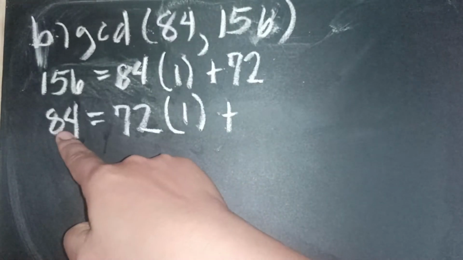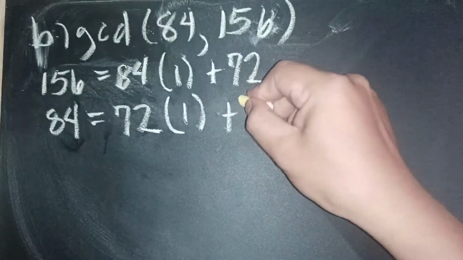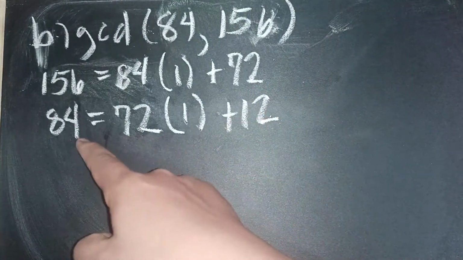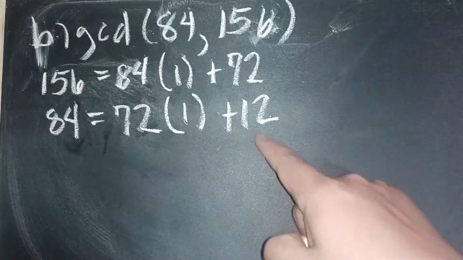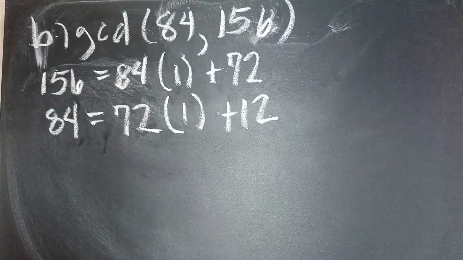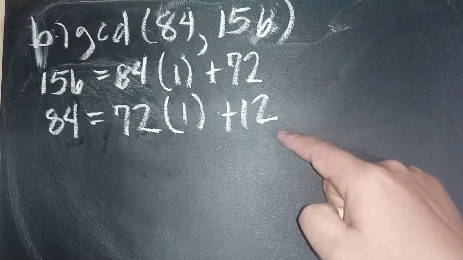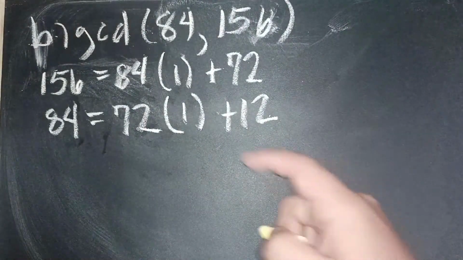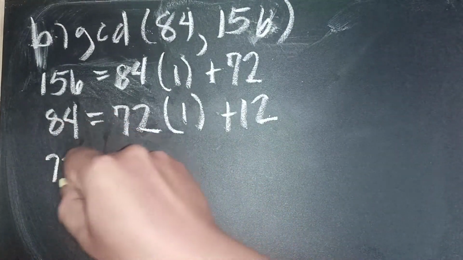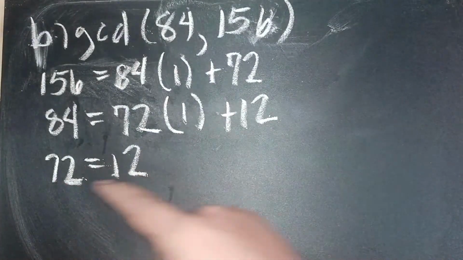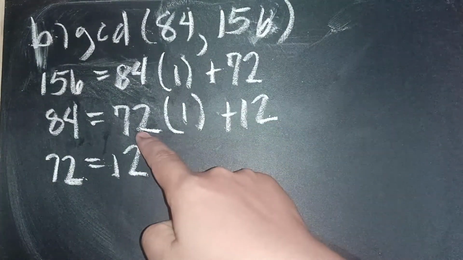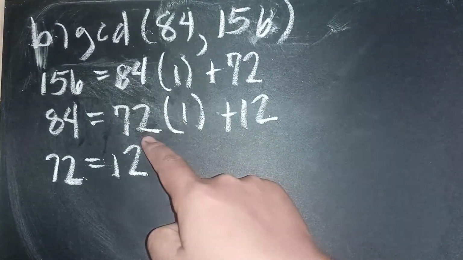Subtract natin yung 72 sa 84, that is tama, 12. Okay? So, dito mo ilagay sa remainder, positive 12. Since hindi pa 0 yung remainder, ganun pa rin yung process. Yung divisor magiging dividend, yung remainder magiging divisor. Okay? Tandaan natin, yung remainder dapat less siya sa divisor.